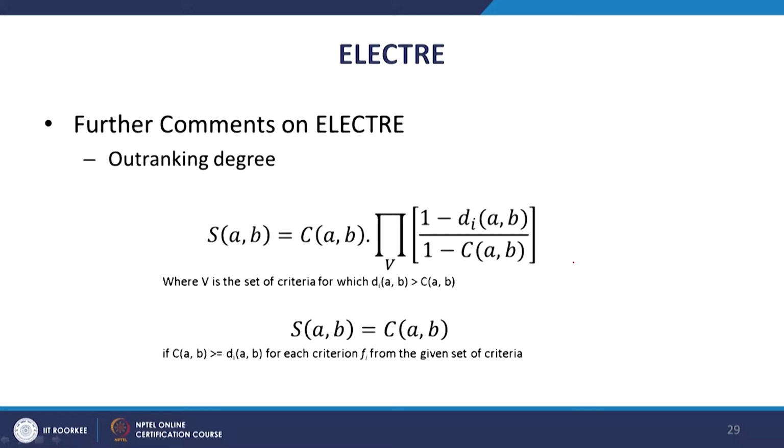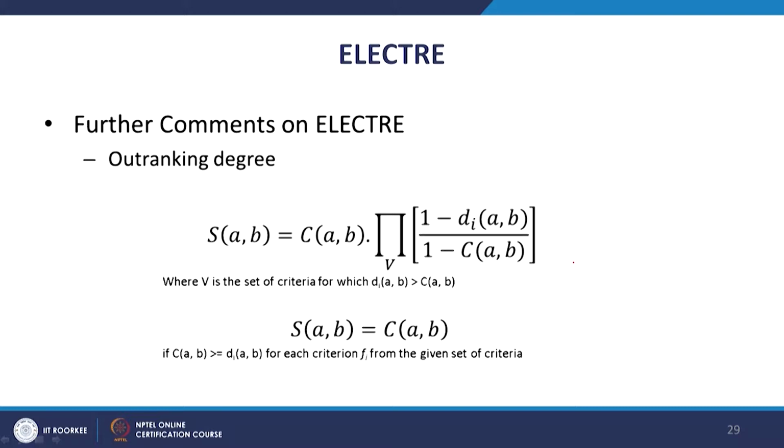You can see here capital S of A comma B, and the concordance matrix is the one which more often than not determines this outranking degree, the credibility matrix. However, you can see how the partial discordance degree is incorporated in the overall expression, and that in a way provides the global discordance degree kind of expression.